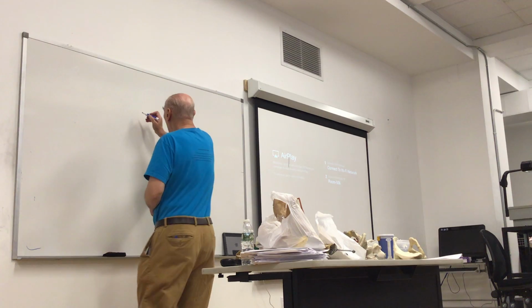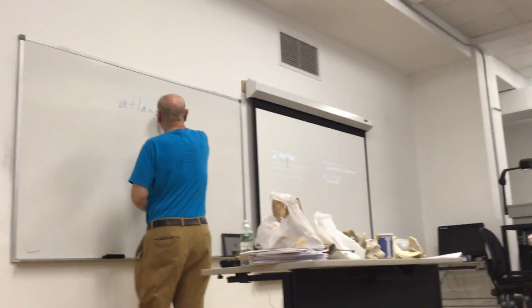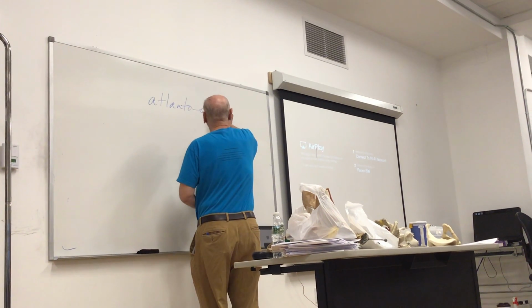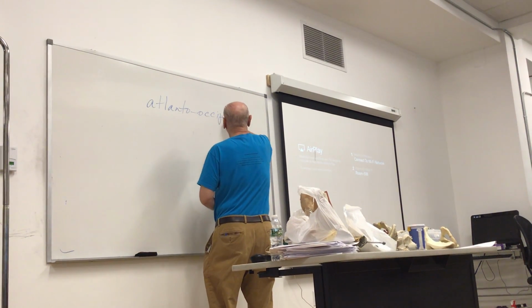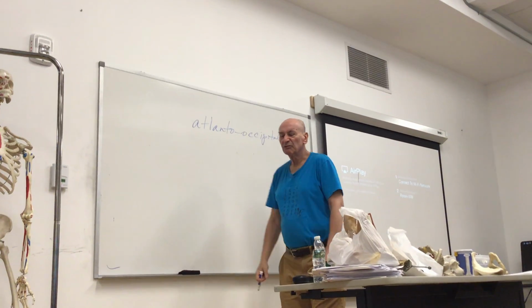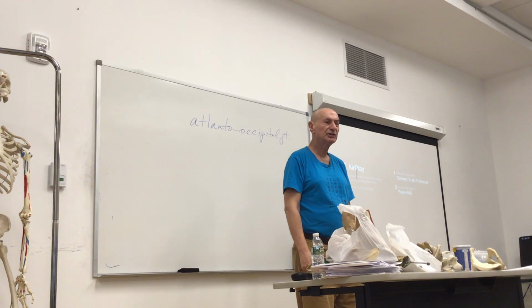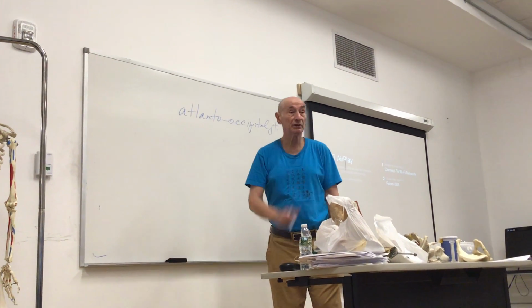Likewise, there are two joints that look alike name-wise. Atlanto-occipital joint. That's not the pivot joint. We're not going to ask what type, because most of our books now say ellipsoidal, but some books still say hinge, so we don't ask what type.